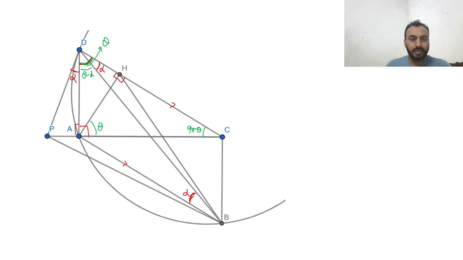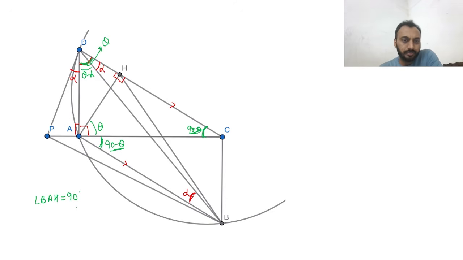And this angle will be 90 minus theta by alternate interior angles. If this is 90 minus theta, then this is 90 minus theta by alternate interior angles. So what we get here is that angle BAH is 90 degrees.